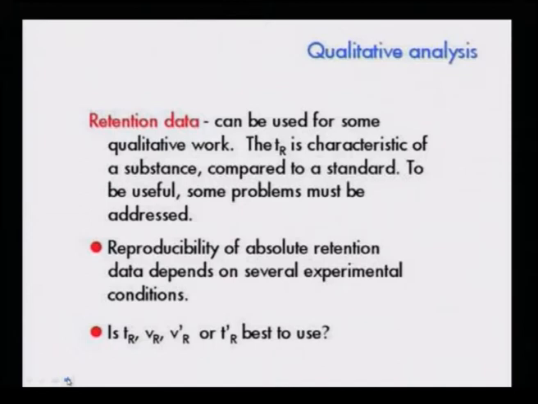I will take a comparative example to show you that if the standard elutes at a retention time of 10.2 minutes and the sample also elutes under the same operational conditions at 10.2 minutes, then they may be identical because they are eluting at the same time. That is how we make a comparison between the retention data.